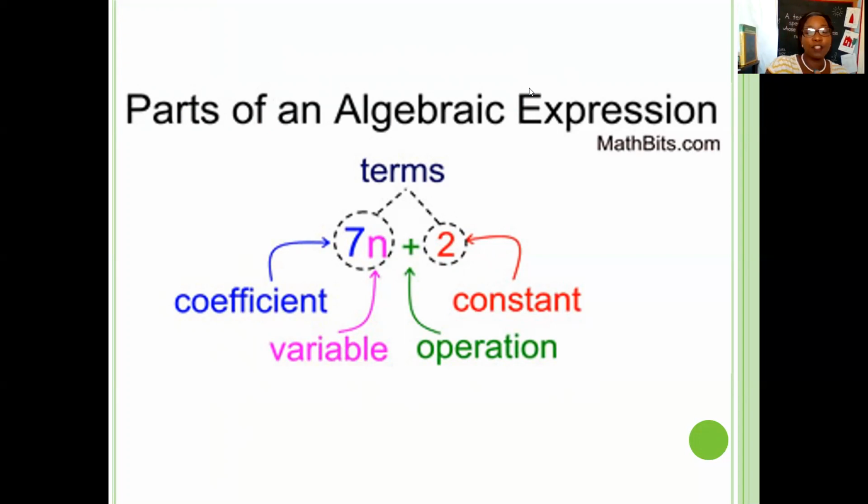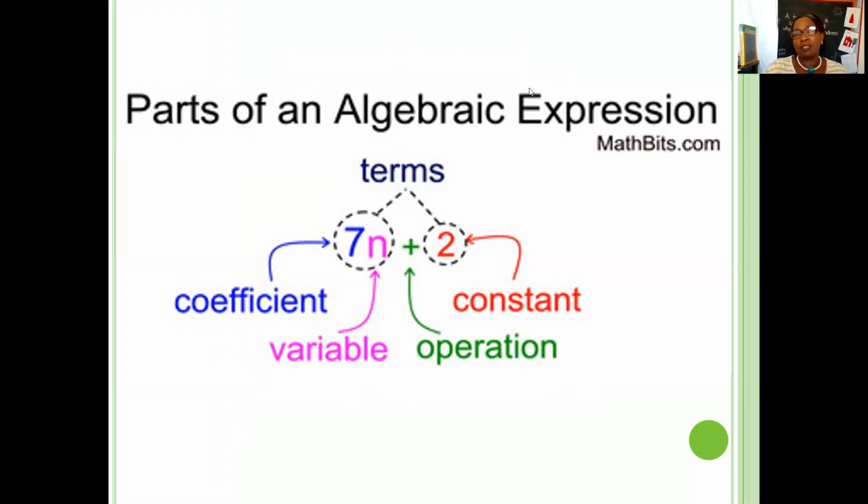So our coefficient is 7. Our variable here is n. Our operation in this expression is addition. There are 4 basic operations that you would have been accustomed to from primary school: addition, subtraction, multiplication, and division. We are going to be using another operation, but we're going to get into that a little bit more.